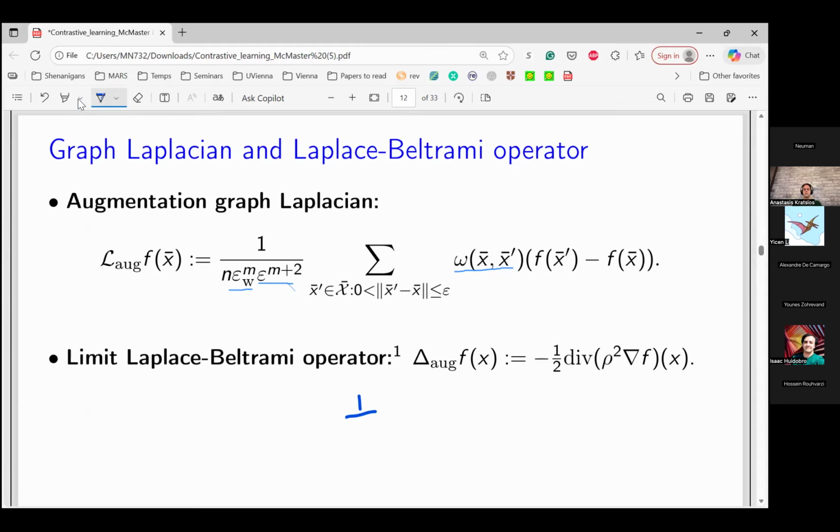By the law of large numbers, this average is going to be the expectation of x. Let's say x is directly sampled out of the manifold, but the manifold has dimension m. In this case, it's just going to be the integral over a ball of radius epsilon.